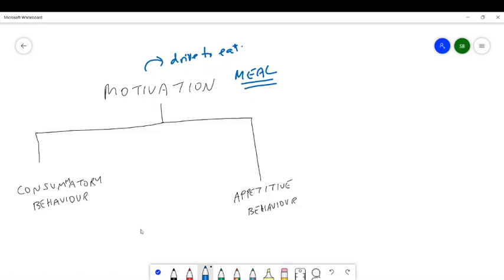One is when I've found the food, I want to eat it. So here the consummatory behavior is eating. But I also have appetitive behaviors, and appetitive behaviors are the behaviors which lead to the consummatory behavior. So this would be foraging, or perhaps hunting.